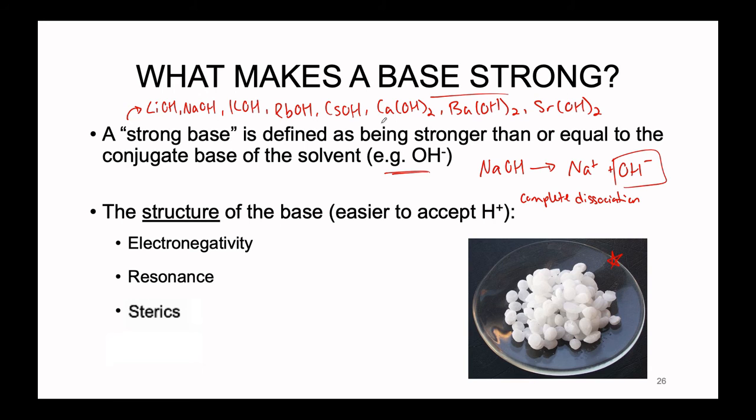If I got all of these in the same order as the table before, that's awesome. If some of them are flipped around, it's fine. The point is that each of these 8 bases will completely dissolve in solution, meaning that we are getting a complete dissociation of OH- per every 1 mole of these strong bases being dissolved in water. Now, other bases are not going to have a complete dissociation.